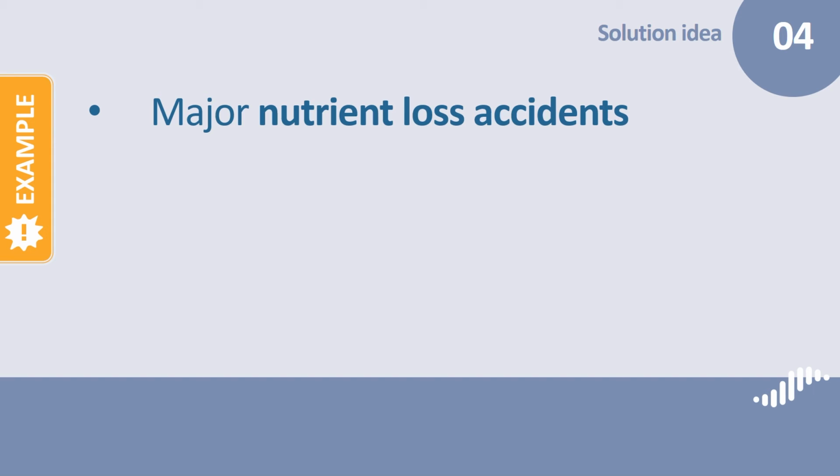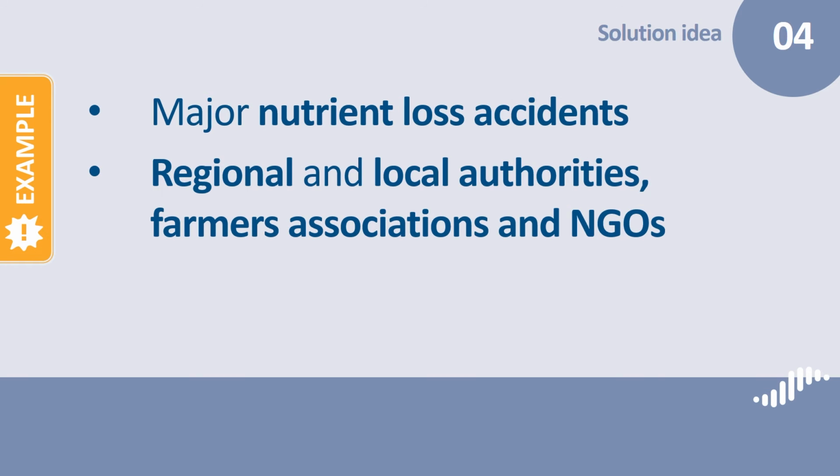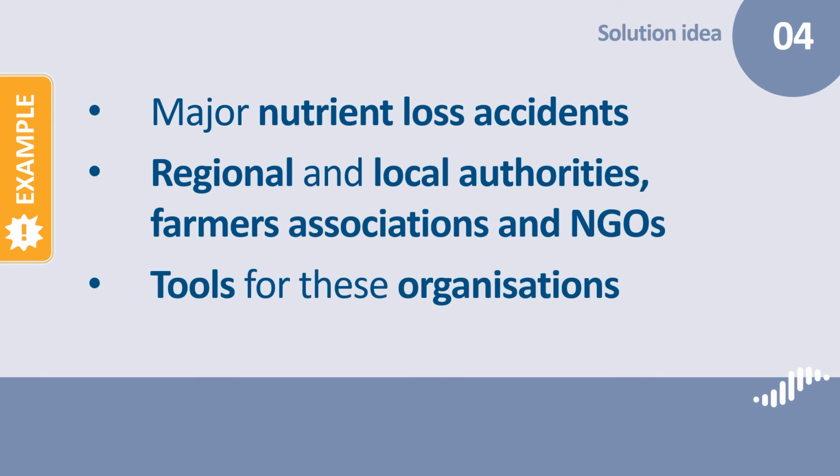To address the challenge posed by major nutrient loss accidents from farms into nearby water bodies, a partnership of regional and local authorities, farmers' associations, and NGOs would need solutions in the form of tools for these organizations to better deal with this problem. The solutions can help with early detection, mitigation, and control of the damage.